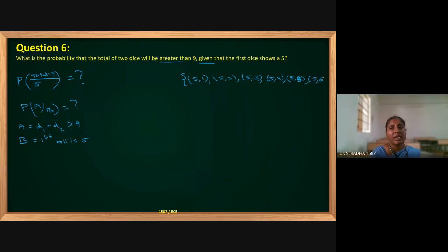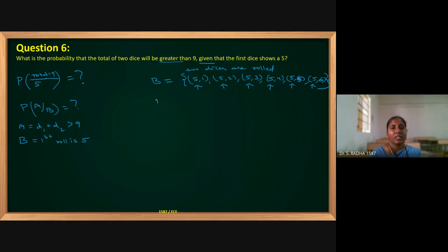The first case is 5 everywhere. Two dice are rolled, and these are the events happening. Every time the first roll is giving 5. That is the probability B. B means the first should be 5 and the second anything.